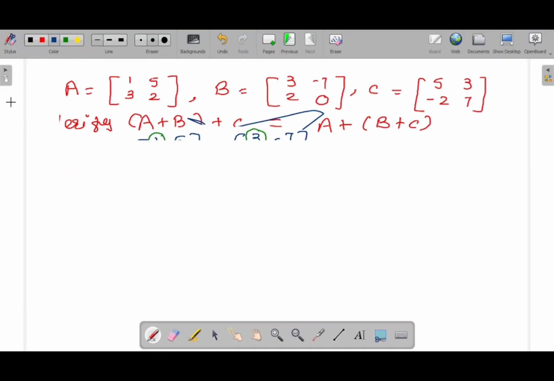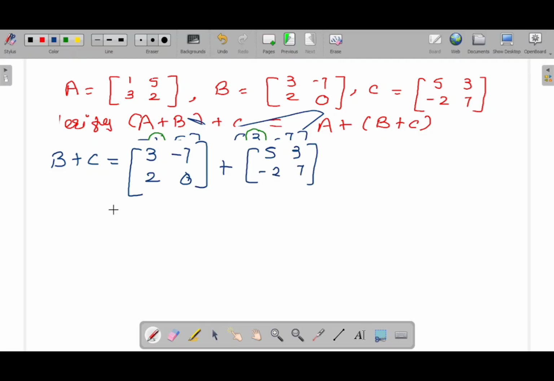Now we focus on the right hand side part. There we have B plus C in the bracket. So we will first calculate B plus C. Matrix B is 3, minus 7, 2 and 0 plus 5, 3, minus 2 and 7. To save space, let me write the resultant matrix here on the right hand side itself.